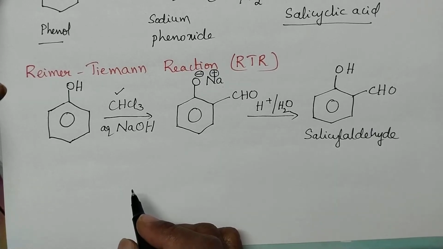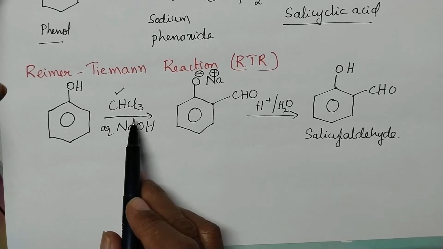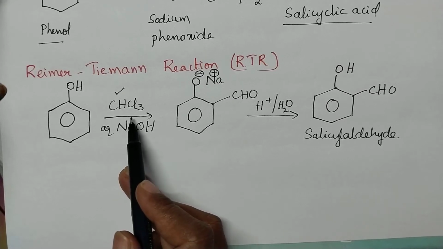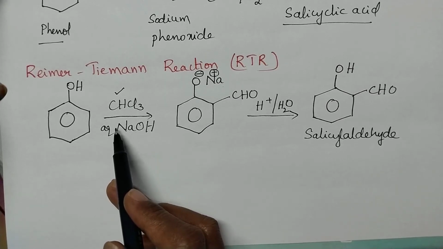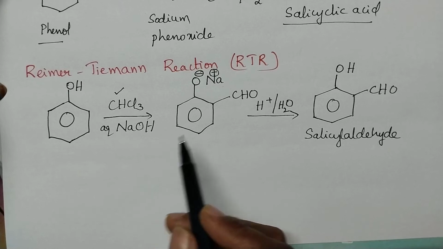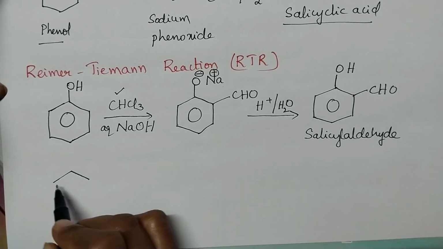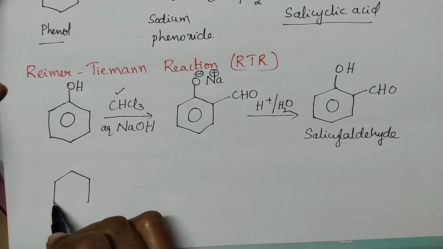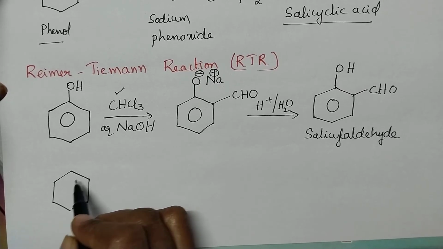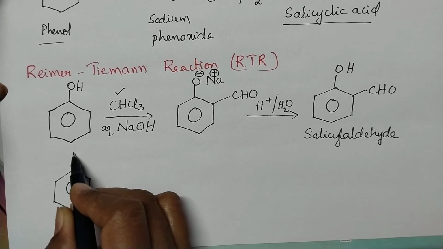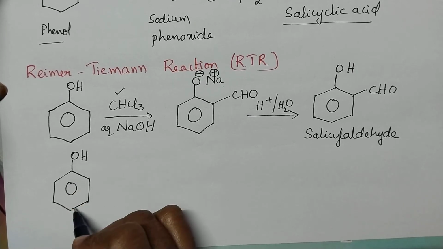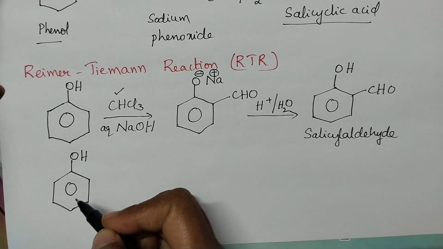Always remember that depending upon the nature of the reagent used, it is also possible to get salicylic acid. Let us see how salicylic acid can be prepared by using the Reimer-Tiemann reaction. Here also phenol is taken as the starting material.